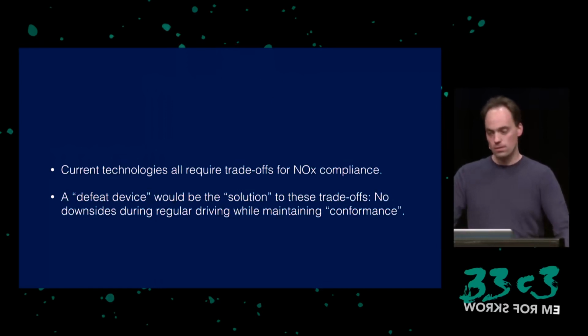So we can kind of see the motivation for a defeat device here, because it would be the solution to all of these trade-offs. You get no downsides during regular driving, right? Because nobody can measure your emissions. And while maintaining conformance, because during the test cycle, you have perfect emissions. So that kind of explains why there are defeat devices.